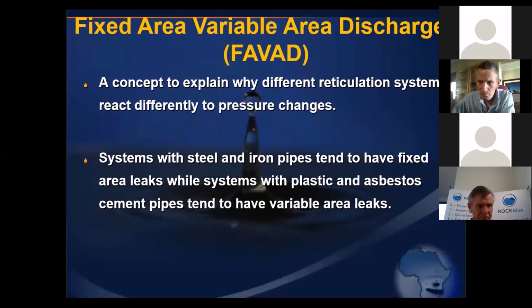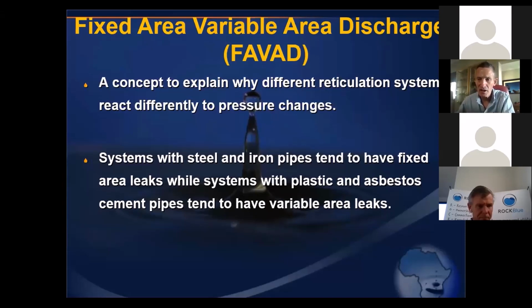Now, to discuss, so that you understand, we've talked previously about burst and background leakage. We now have to take into account not only the burst pipe leakage, but the background leakage that occurs with the bursts.